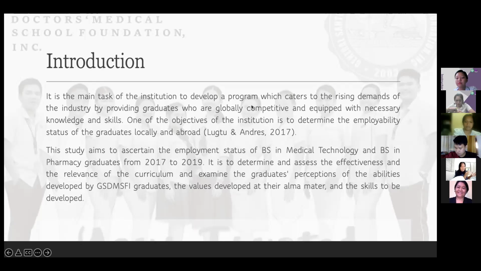So sa local setting, it has to be really emphasized na the need to conduct a study because of the absence of information, plus in order for the school to be compliant to the CHED requirements, and at the same time, siguro invoke din yung quality assurance in order to make the curriculum continually relevant to the society para maging faithful sa mission vision. Okay. Yun siguro ang sa introduction.